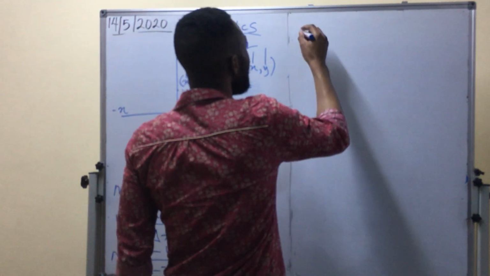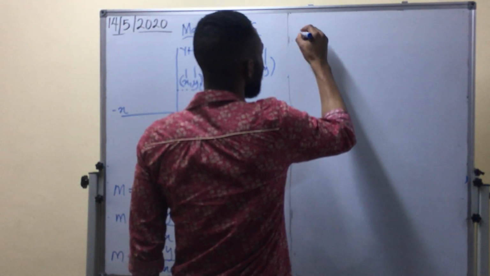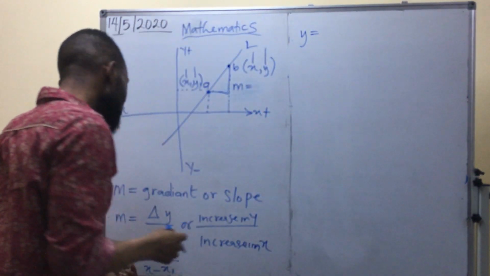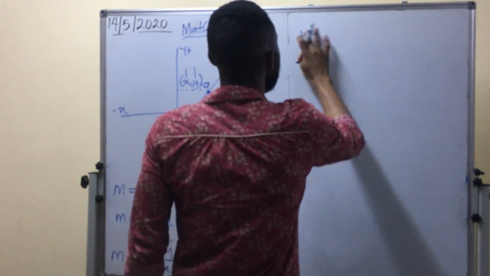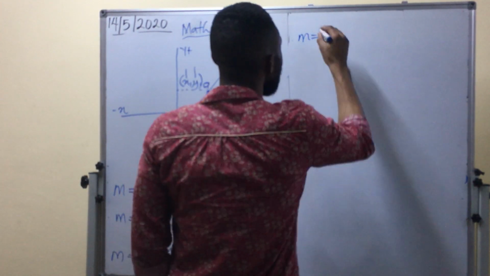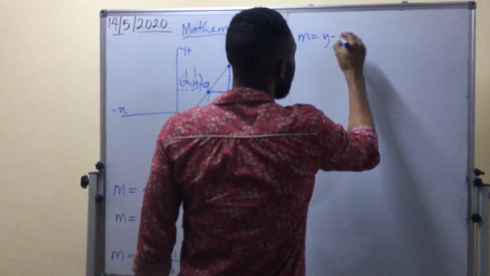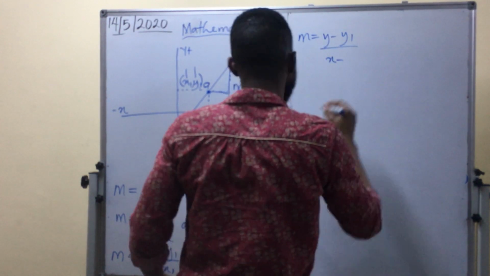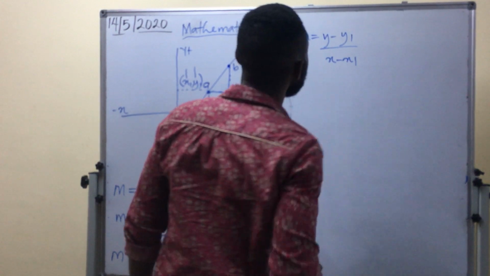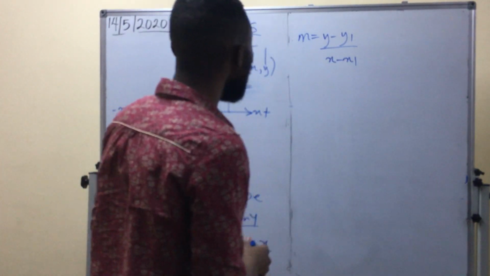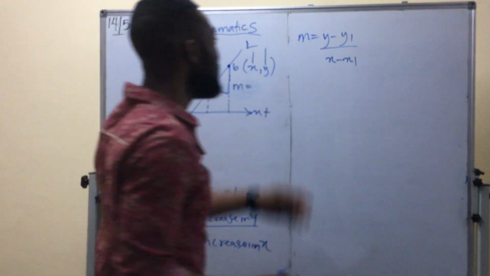There's another formula that says y is equal to, from m is equal to y minus y1 over x minus x1. So I can get my value for y here.